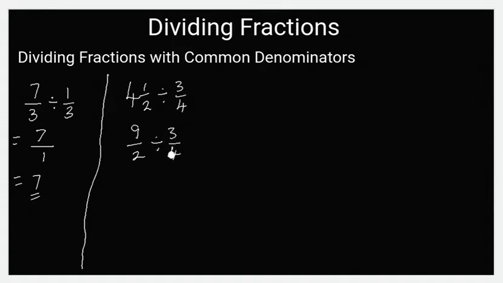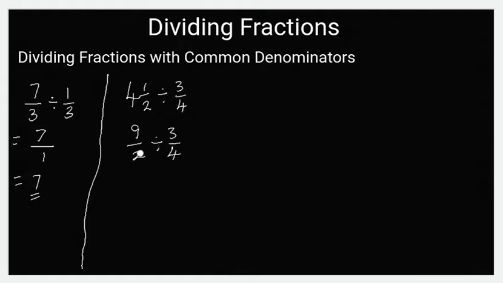Now, if we look at this, they do not have the same denominators. The first fraction has 2, and the second one has 4. But there is a way we can make both of them have the same denominator, okay? We can rewrite this to have 4 as its new denominator.